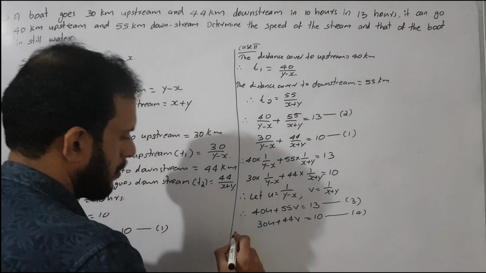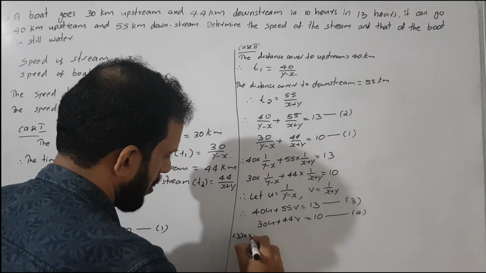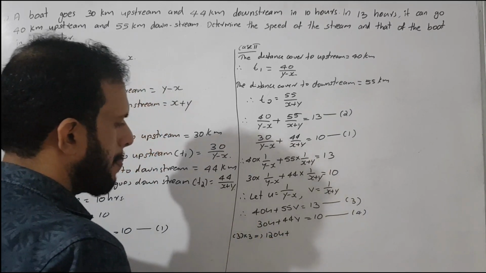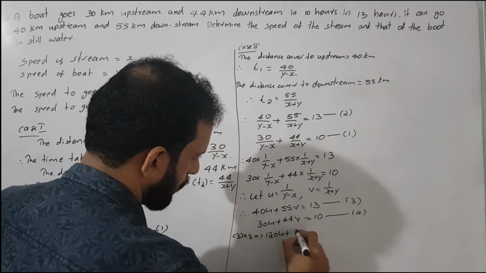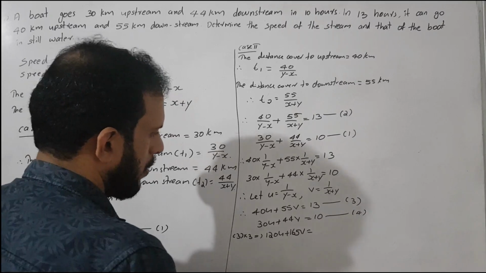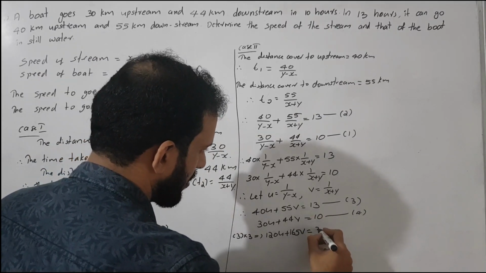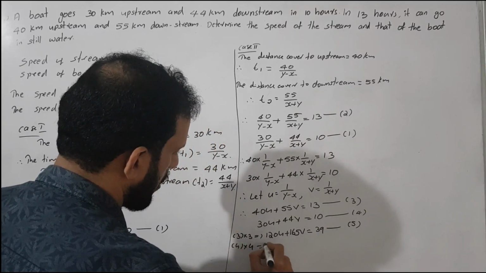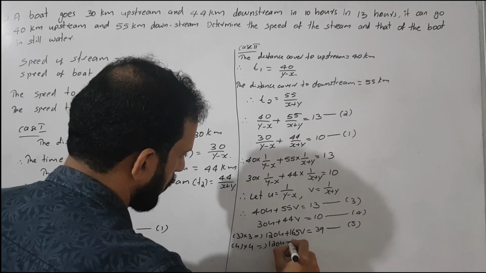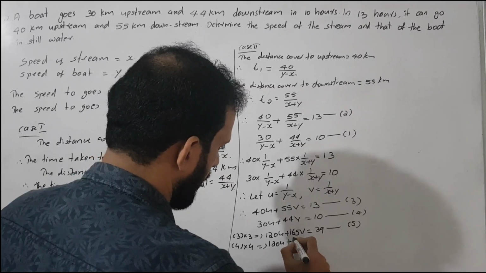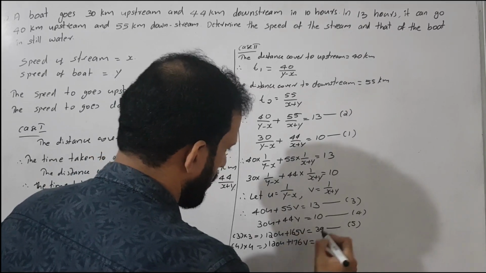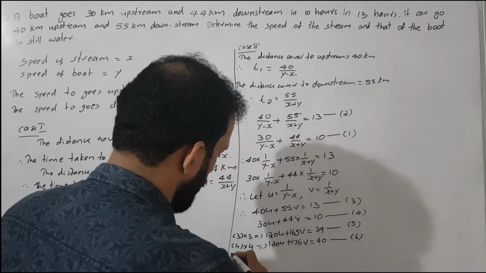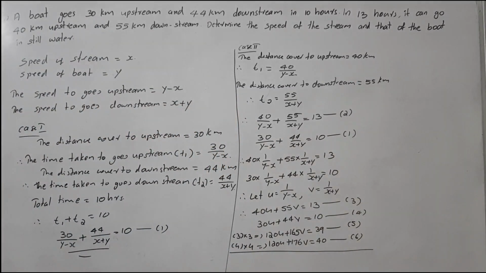Then 40 into 3 is 120u, 55 into 3 is 165v, and 13 into 3 is 39, equation 5. 4 into 30 is 120u plus 4 into 44 is 176v, then 10 into 4 is 40, equation 6. Now the coefficients of u are equal, correct?